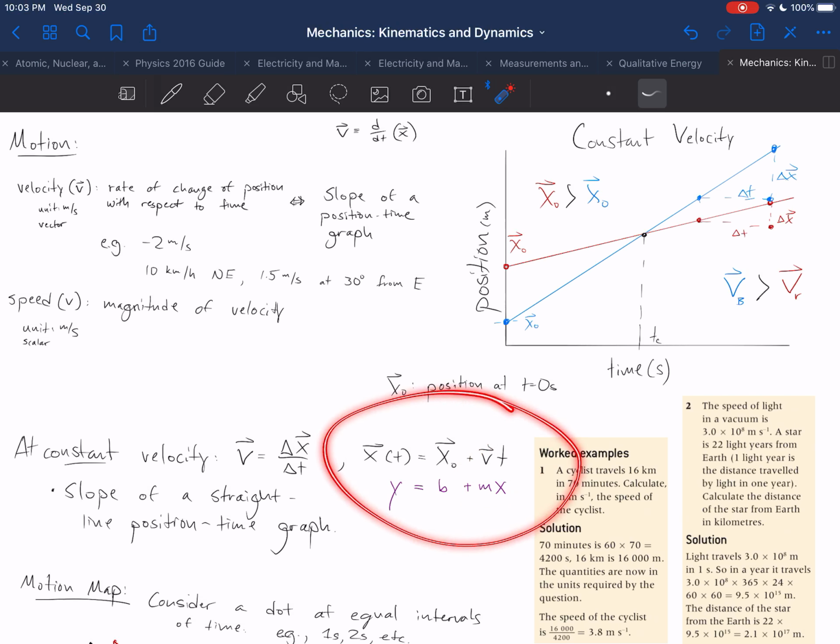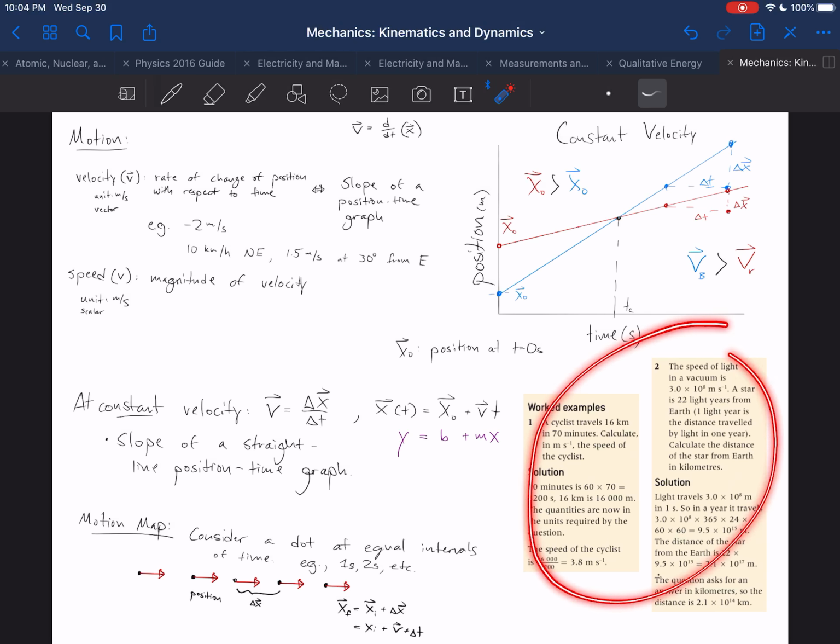So the position as a function of time is equal to the initial position plus the velocity times the time. This is true for all motion at constant velocity. Notice that at constant velocity, the velocity is simply equal to the slope of this line, that is the displacement divided by the time. The speed at constant velocity would be equal to not the total displacement over the total time, but the total distance over the total time.